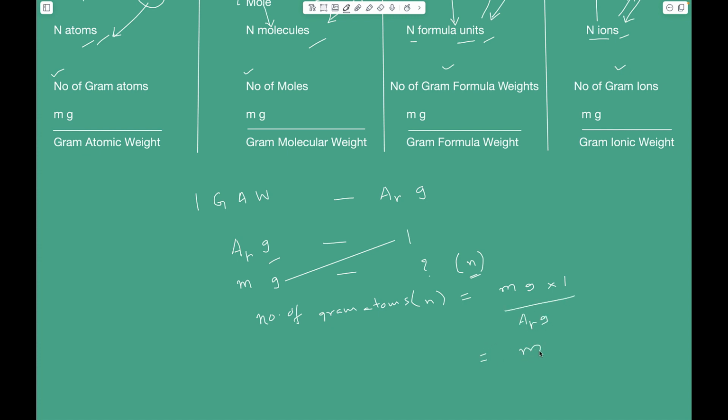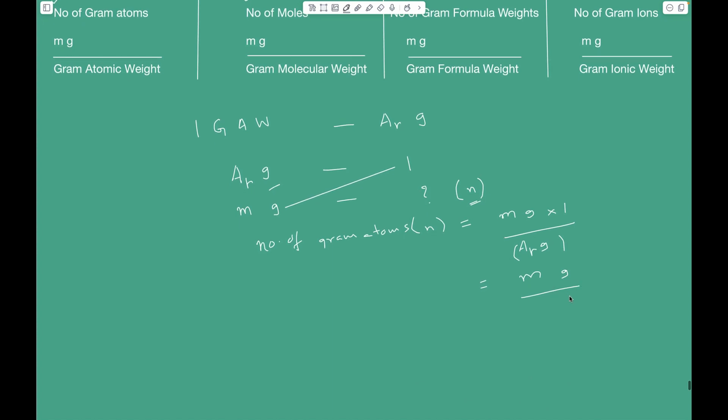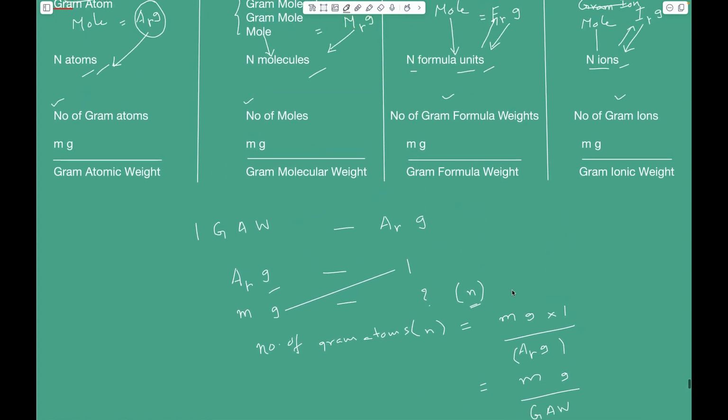That becomes m grams over, what is AR grams? It is nothing but the gram atomic weight of an element in grams. So m grams over gram atomic weight. That is what I have written here. This is the expression for the number of gram atoms going by the old names.